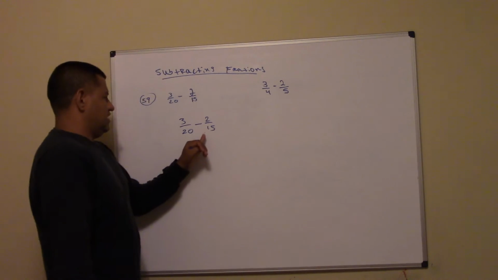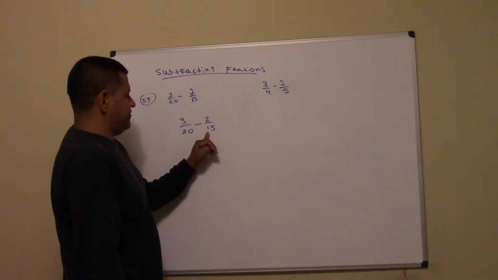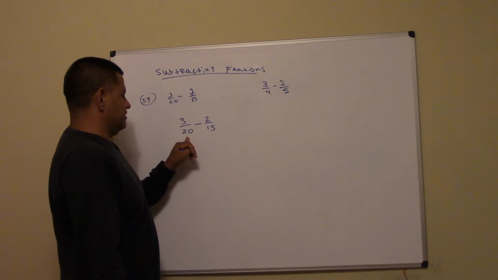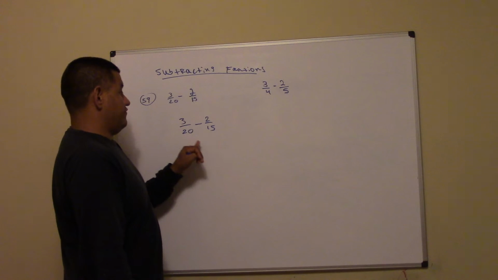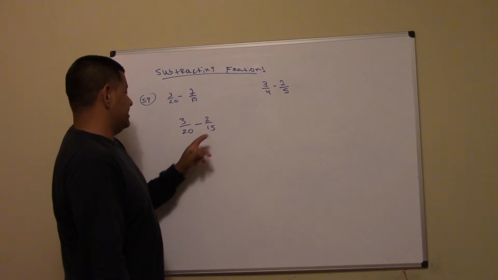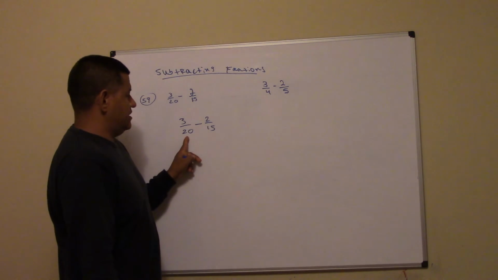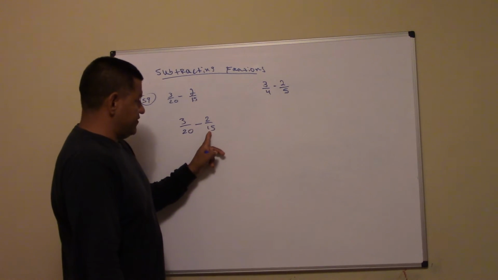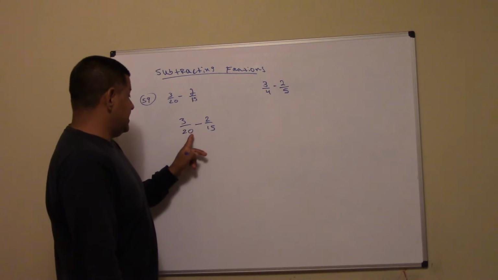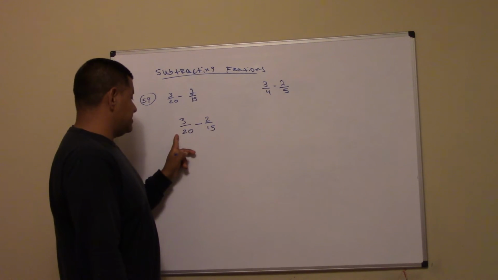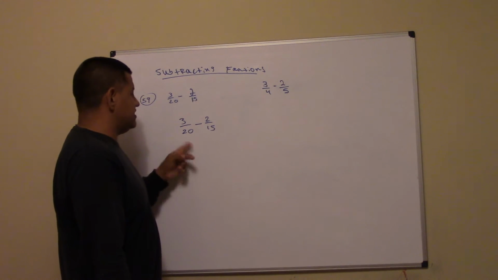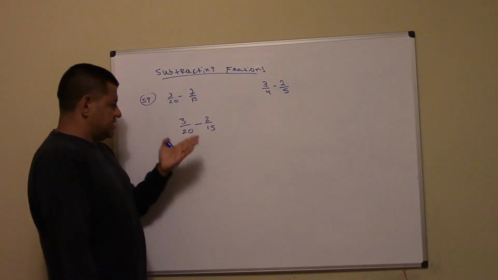If I do 2 times 15 is 30, but that is not a multiple of 20. If I do 3 times 15 is 45, but that is not a multiple of 20. But if I do 4 times 15 is 60, and 3 times 20 is 60, then it's going to be 60, right?